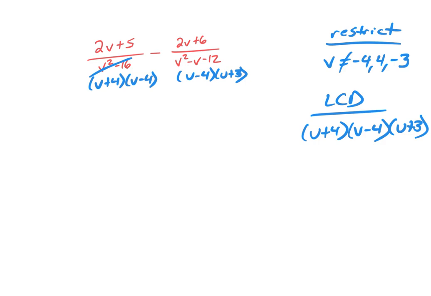Okay, and really the question that you want to ask yourself here is, here's what I want, what am I missing? Okay, what factor am I missing down here? v plus 3. Okay, so that's going to be what we have to multiply by.